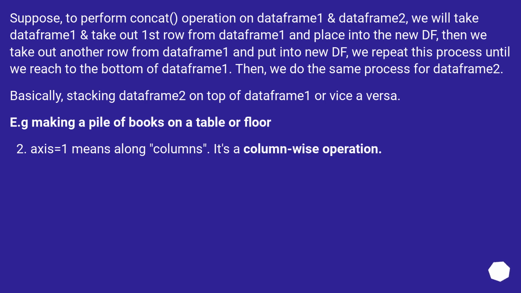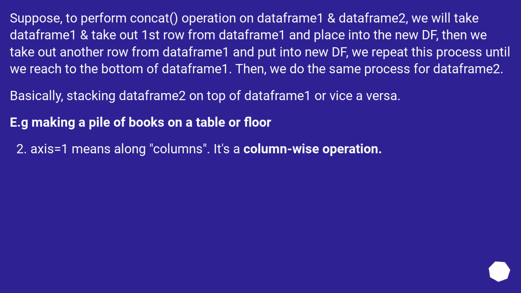Then we take out another row from dataframe 1 and put it into the new df. We repeat this process until we reach the bottom of dataframe 1. Then we do the same process for dataframe 2. Basically, stacking dataframe 2 on top of dataframe 1 or vice versa, e.g. making a pile of books on a table or floor.